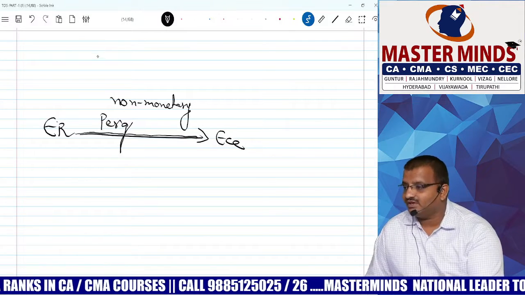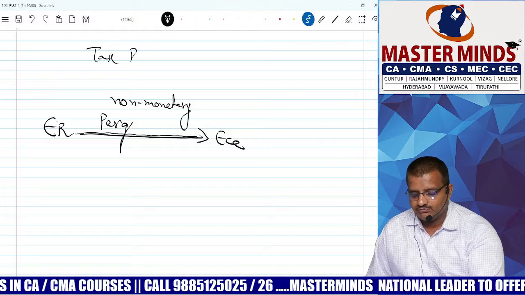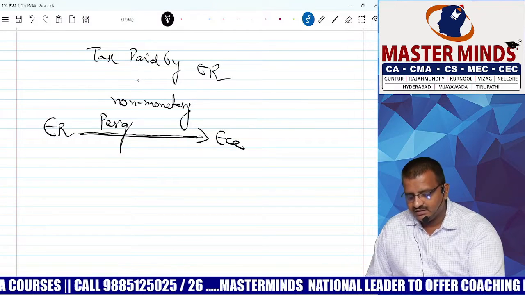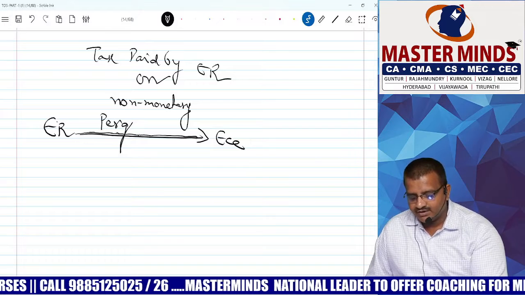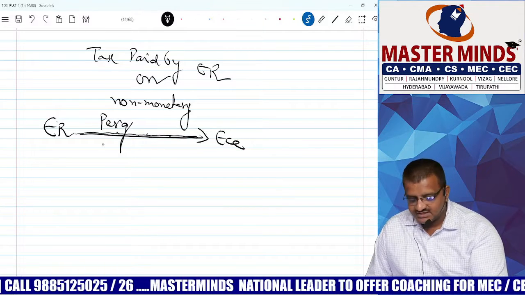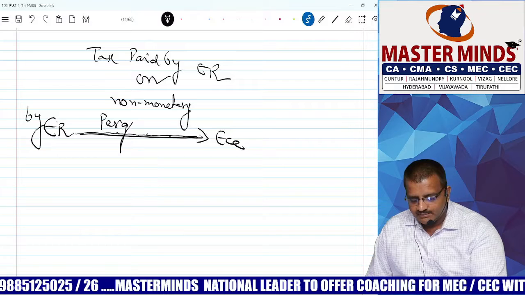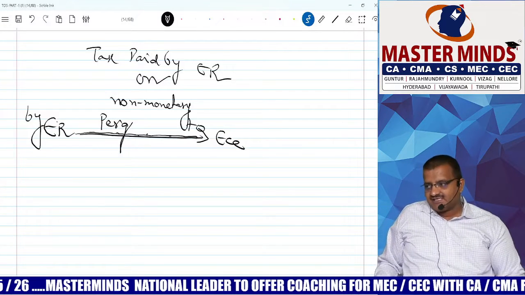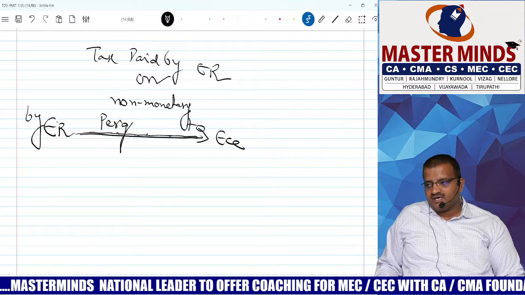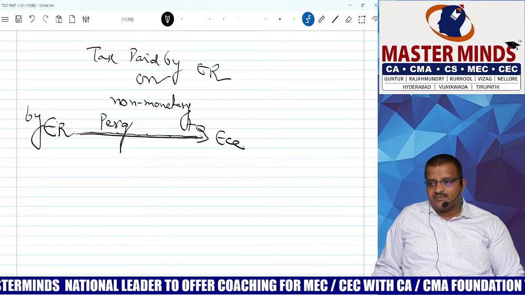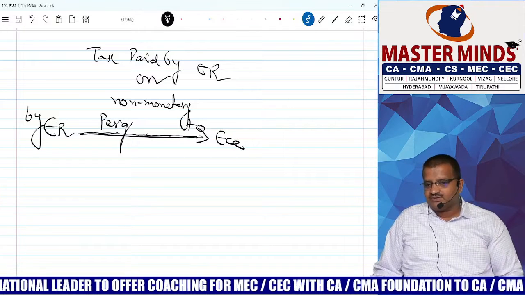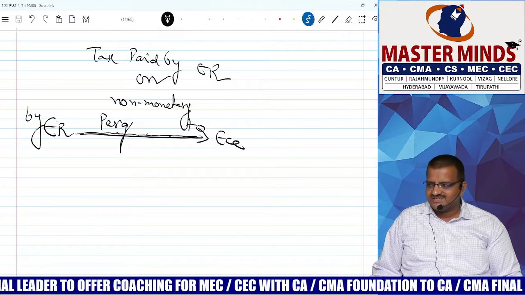Who? The employer. Tax paid by employer on non-monetary perquisites provided by employer to employee. Repeat: tax paid by employer on non-monetary perquisites provided by employer to employee. Student doubt: what is this?